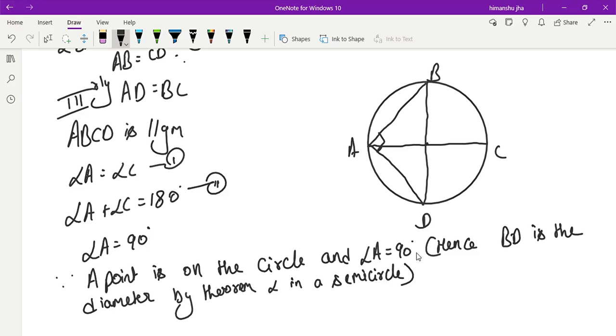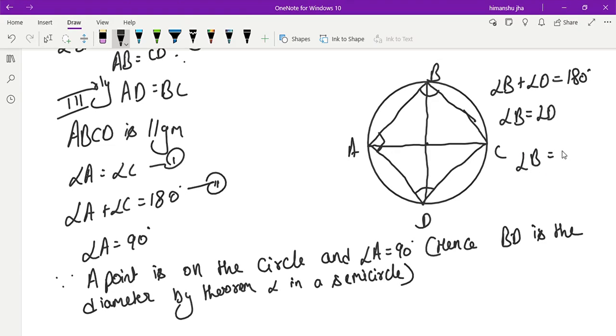Similarly, we can say angle B is also 90 degrees. Because ABCD is a parallelogram, the sum of angle B and angle D is 180 degrees, and angle B equals angle D. Substitute it there, so angle B equals 90 degrees.